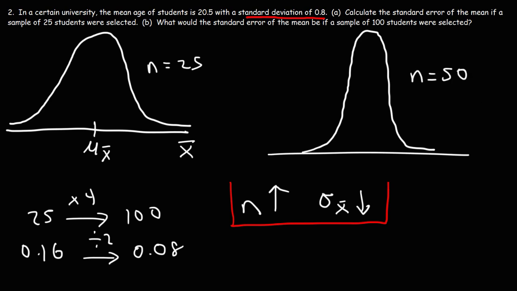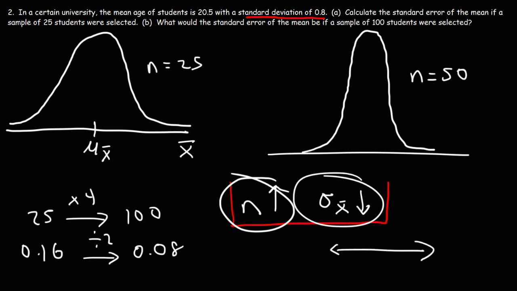So that's a visual representation that shows the effect of increase in the value of n. The standard error will decrease, creating a sampling distribution that is taller and more narrow. So there's less spread, which means the mean of the sample means will approximate the population mean more accurately.